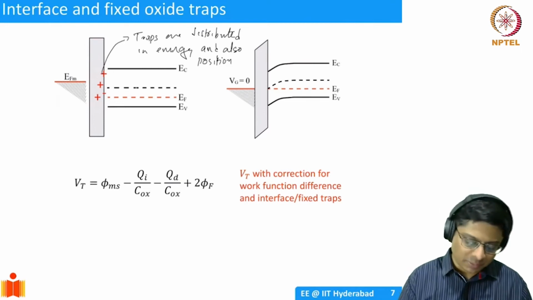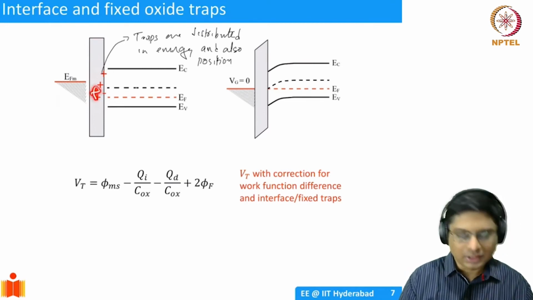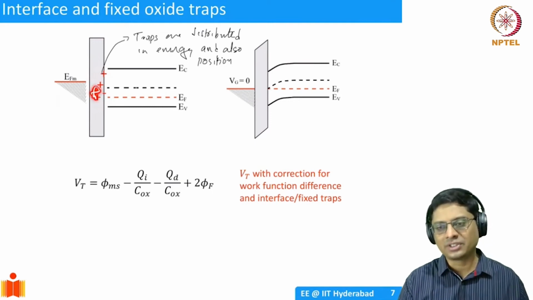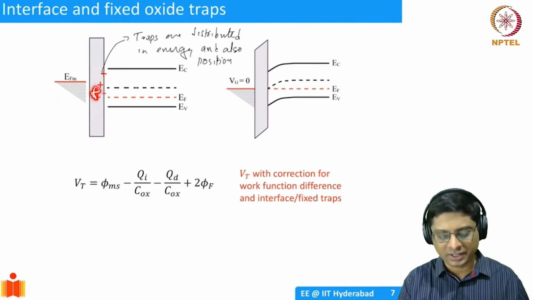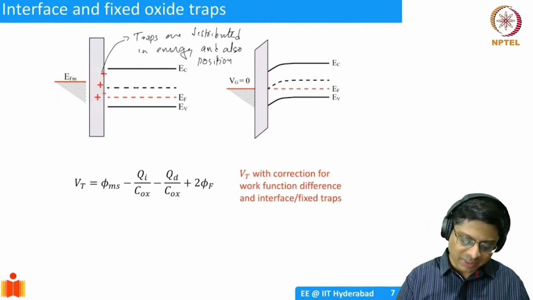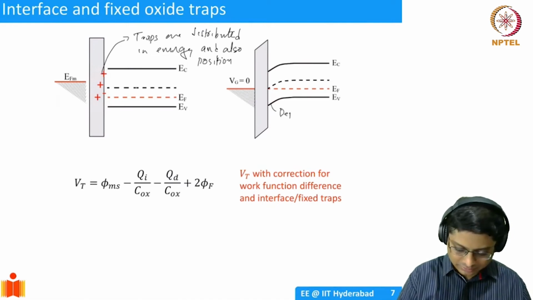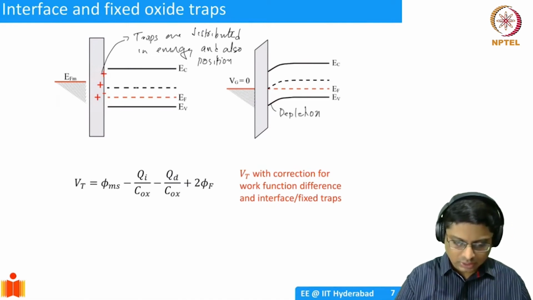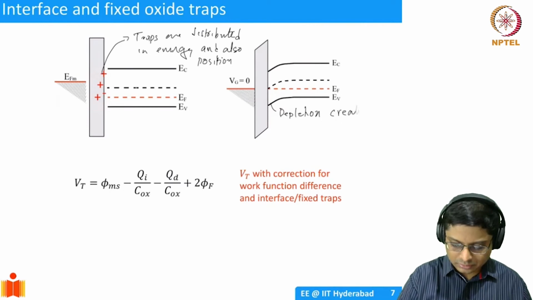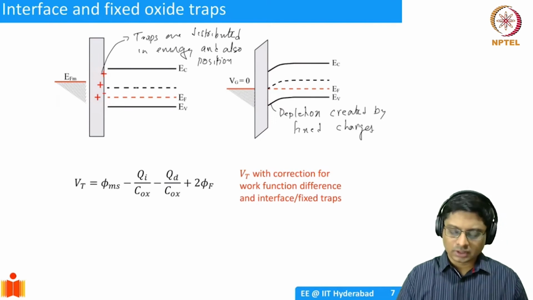Suppose you place a positive charge somewhere in the semiconductor here. That positive charge will have a field which will drive the holes away. If you're having a p-type semiconductor, it will drive the holes away. And without any applied gate voltage, you might have a scenario where there is depletion. This depletion is created by fixed charges, or interface traps.